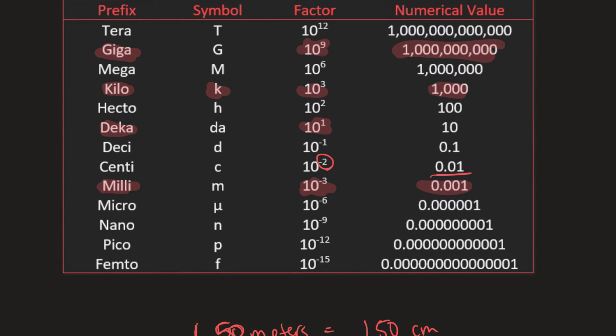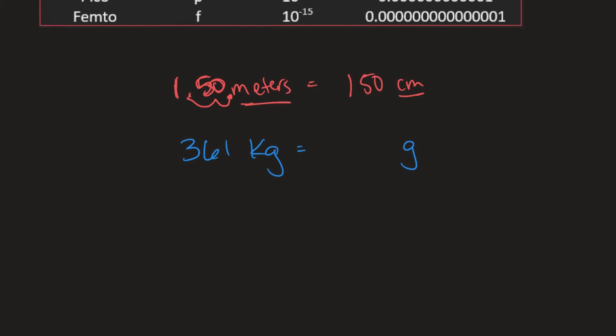If you look at kilograms, there are 1,000 grams in 1 kilogram. This gives you an idea of how many times you need to move the decimal. You need to find the decimal first, and once you find it, you can move it that many times so that it's in grams.